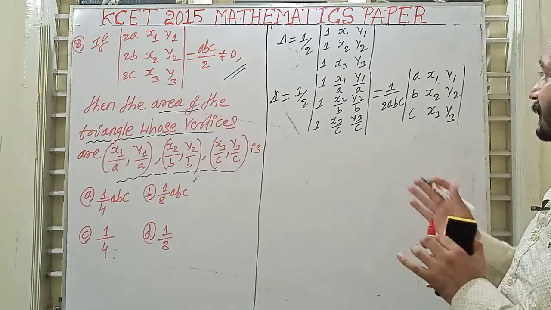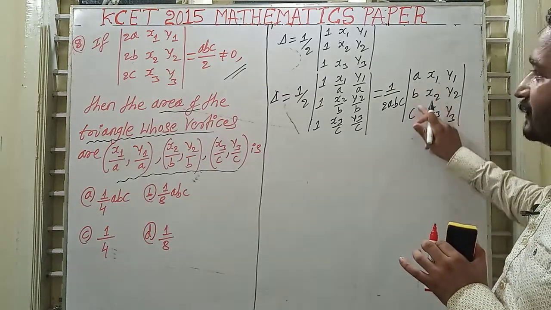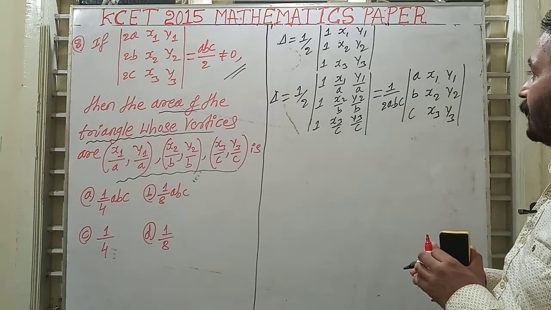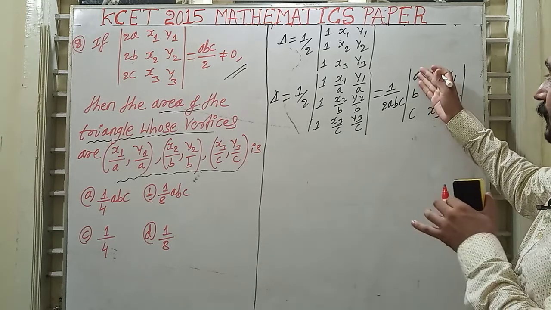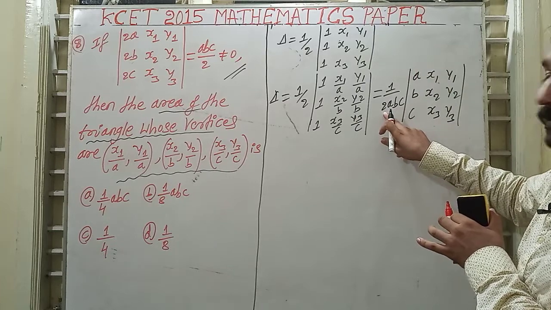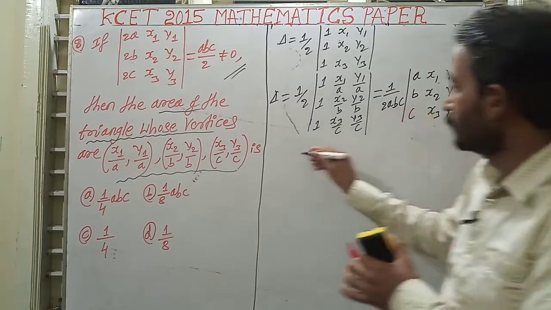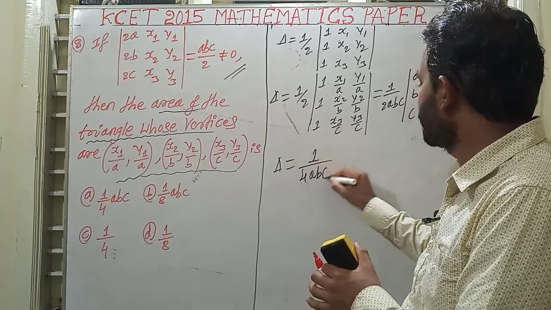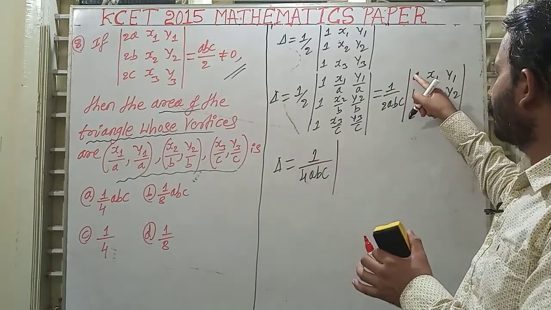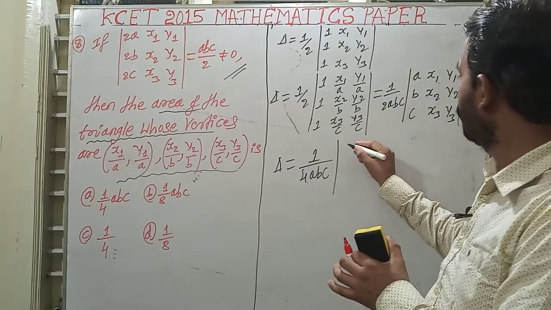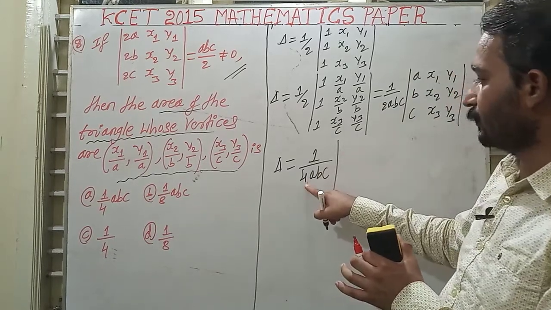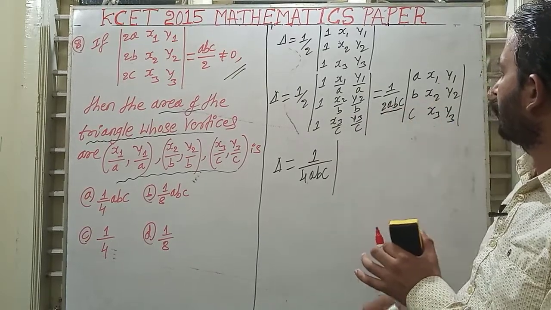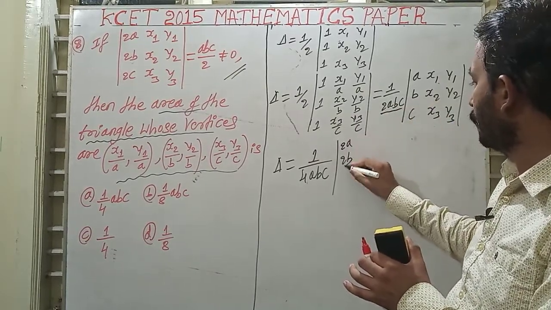There is a small change needed here: if a 2 comes, it becomes easy. So multiply the first column by 2. If we multiply the first column by 2, in the denominator we also multiply by 2, that is all, simple. So delta is equal to 1 divided by 2 to the 4, abc, into the determinant where all the terms in the first column are multiplied by 2 without loss of generality: 2a, 2b, 2c.